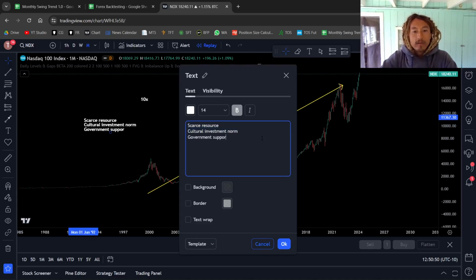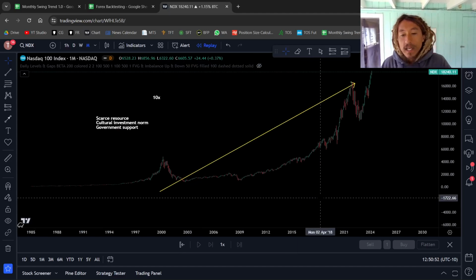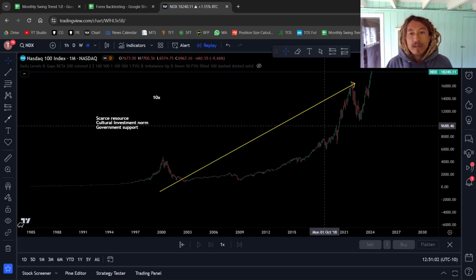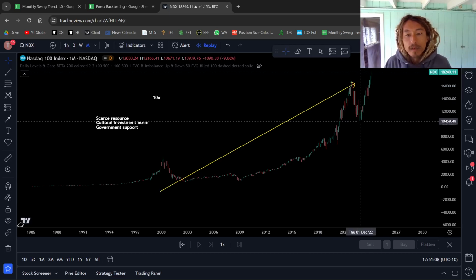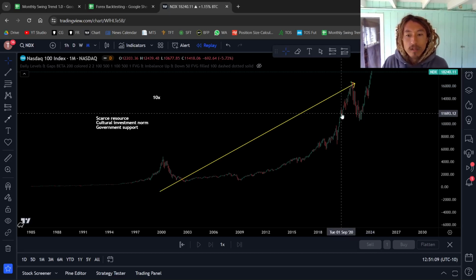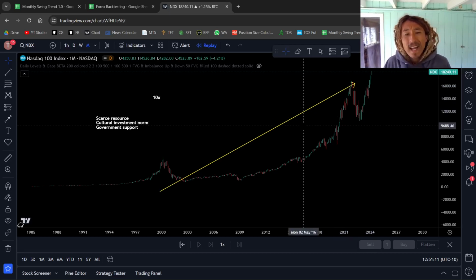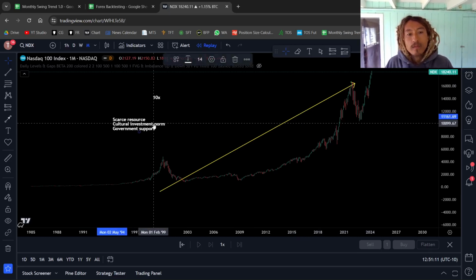Typically the government supports asset prices, and one of the reasons they support asset prices is because they own these assets themselves. They're bag holders. So how do they support asset prices? Various ways. If there's a liquidity scare, they step in and they print money, like we saw in December and March 2020. It happens all the time, but they promote prices.